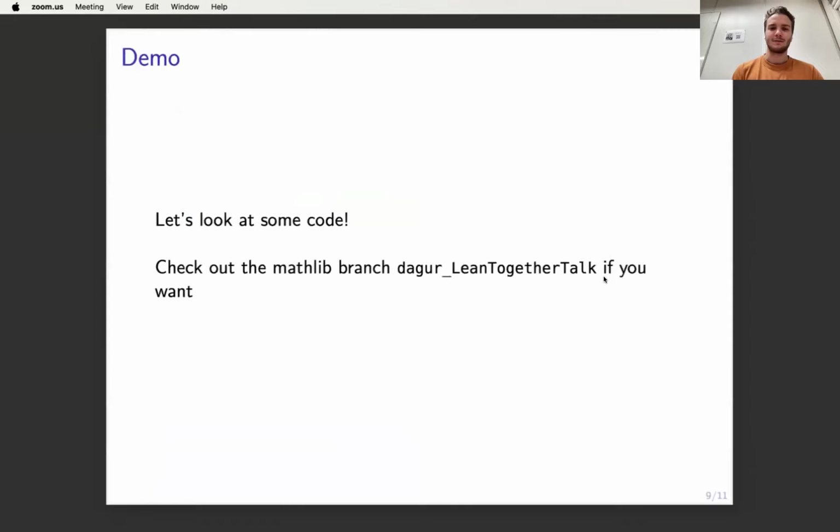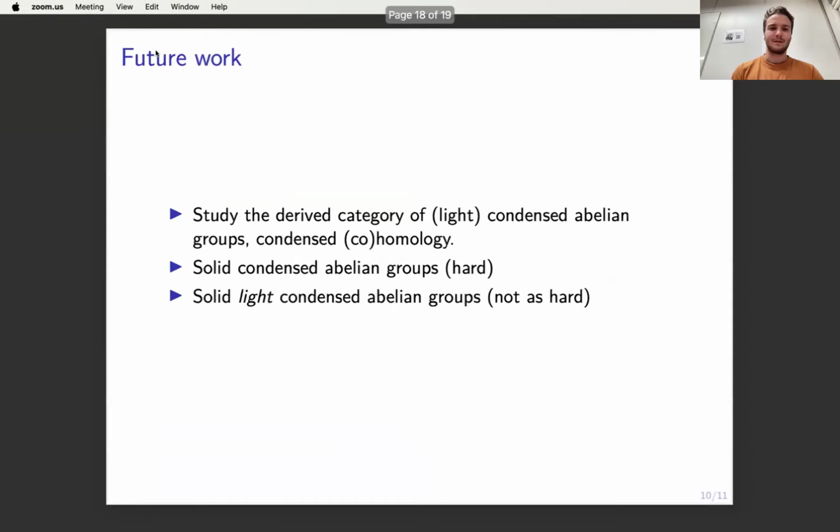So I guess I had one slide left with future work. The solid theory is an analog of the liquid stuff for non-Archimedean, right?